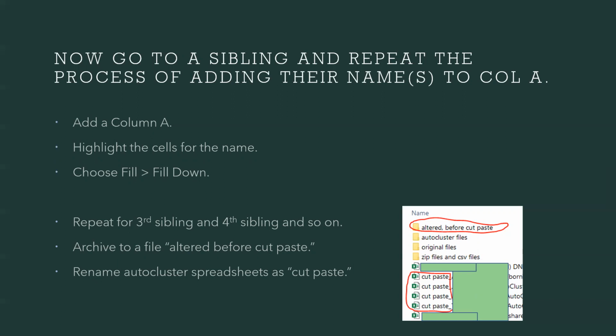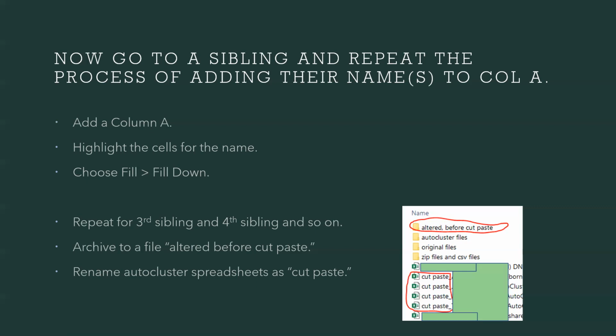And I archive that as "altered before cut and paste." So at each step, I'm archiving each stage. That way, if I make a mistake, I can always go back to that archived file, and then I save that in my folder. So you can see that I have a list of files that are "altered before cut and paste," and I move them to that folder.